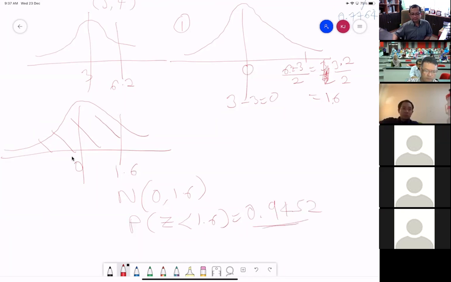So what is the probability it is more than 1.6? 1 minus 0.9452.